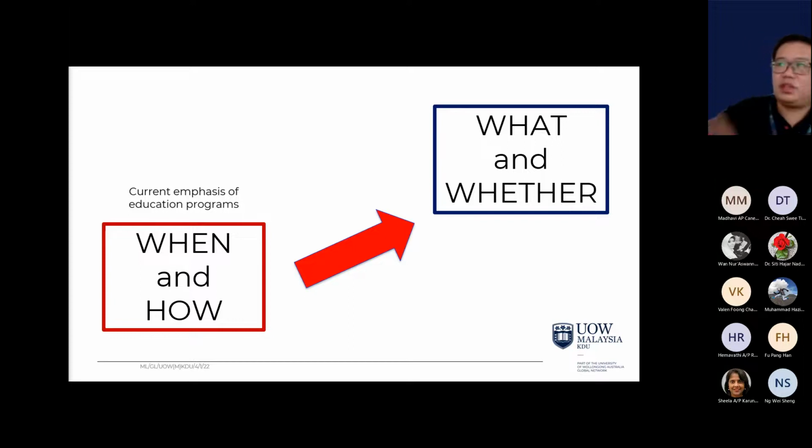But the evolution now is a little bit different. The emphasis on education is going to what is needed, not when. What is needed here is driven by the industry. What is required, and whether they achieve that. So there must be evidence of this.